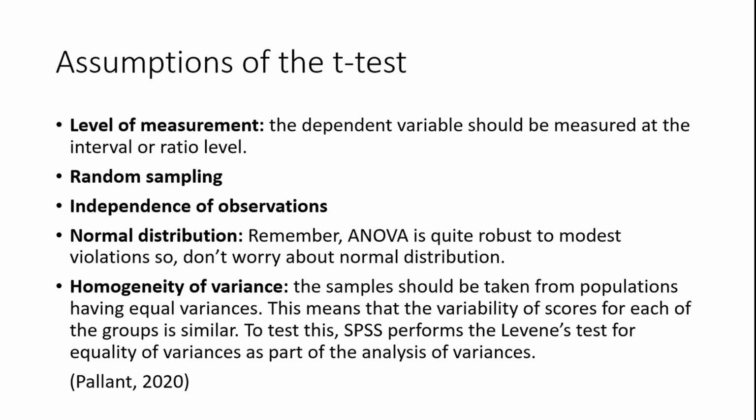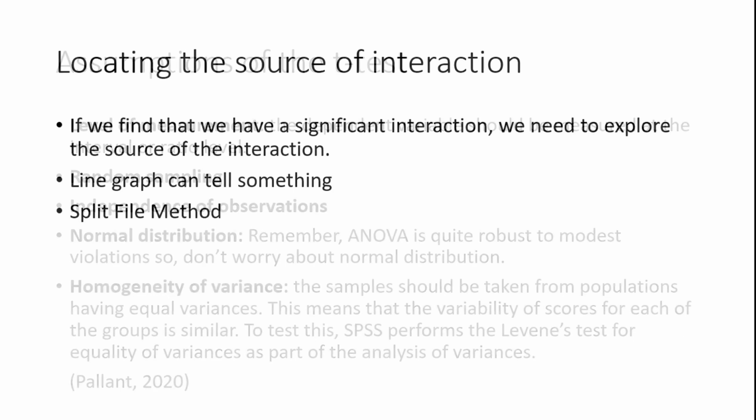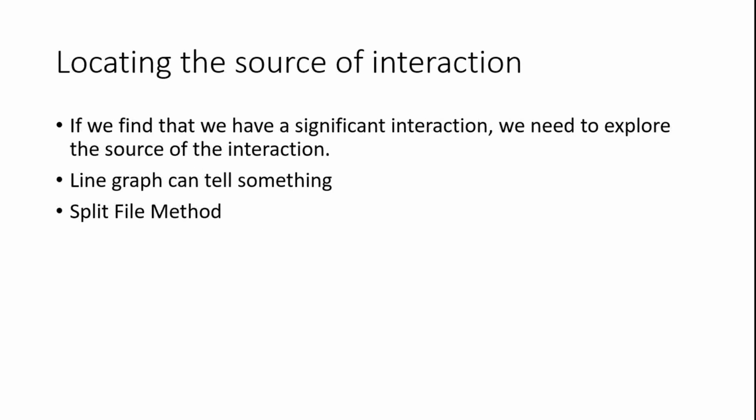Assumptions are the same as that of the previous analysis of variance. Then we locate the source of interaction. If we find that we have a significant interaction, we need to explore the source of that interaction. For this, we have two methods we can deploy.